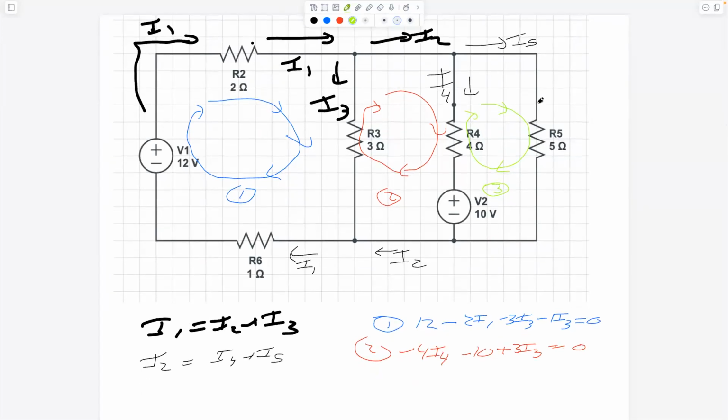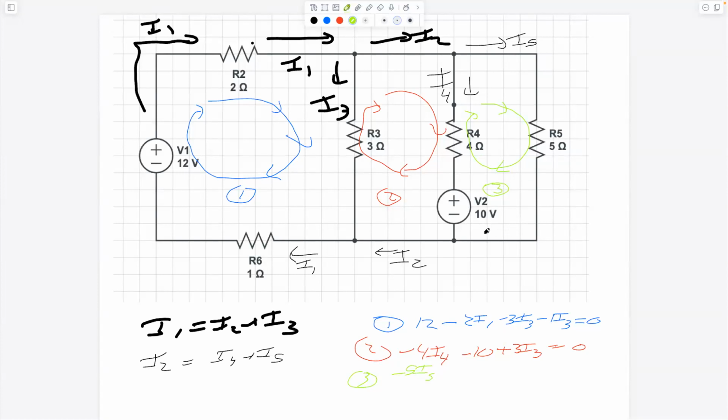All right, going around this loop. I'm going to start here. My current's flowing down. My loop at this spot is also going down. If the loop and the current agree, resistors are drops. So that will be minus 5 I5 because it's a 5 ohm resistor.